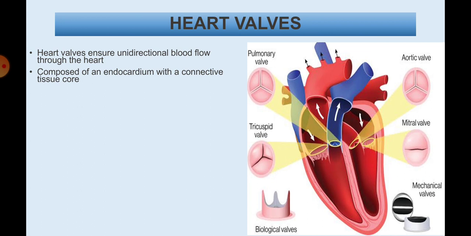They are composed of an endocardium with a connective tissue core. That is, inside the endocardium layer there is some connective tissue, and there are 2 types of heart valves: atrioventricular valves and semilunar valves.